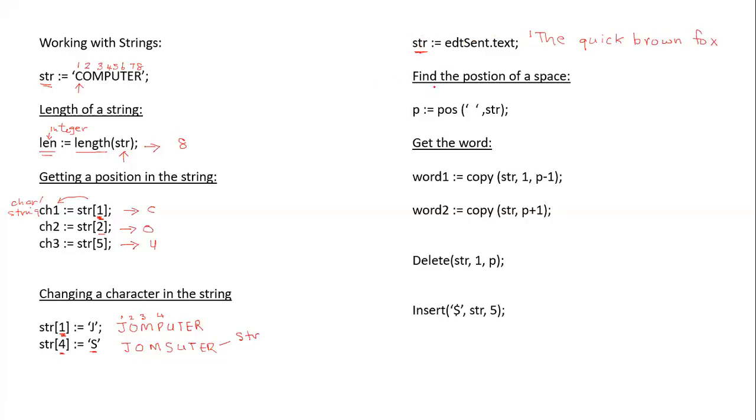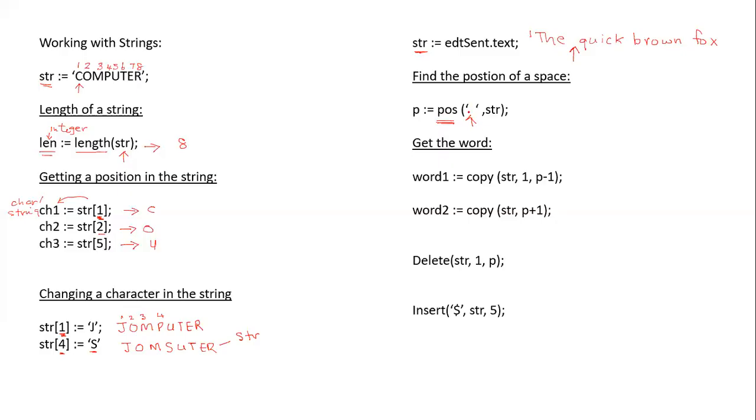How do we go about finding the position of the space? So here is a space in the sentence. How do we determine the position of that space? There is a predefined function called pos that returns the position. The first parameter is what you are looking for.